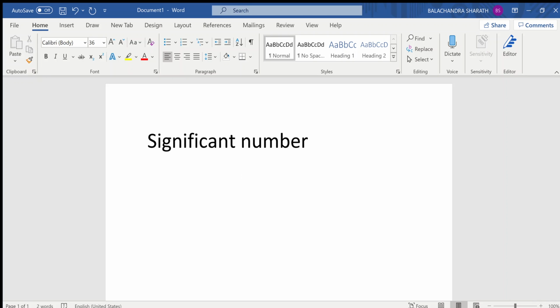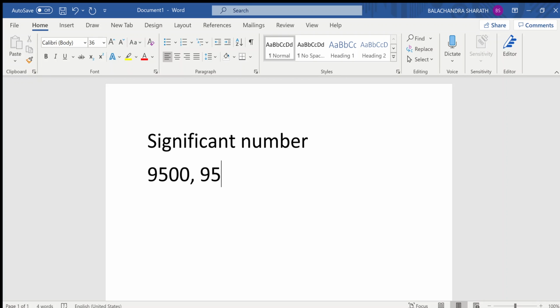And next, trailing zeros are not significant when there is no decimal point involved. For example, 9500 can also be expressed as 95.